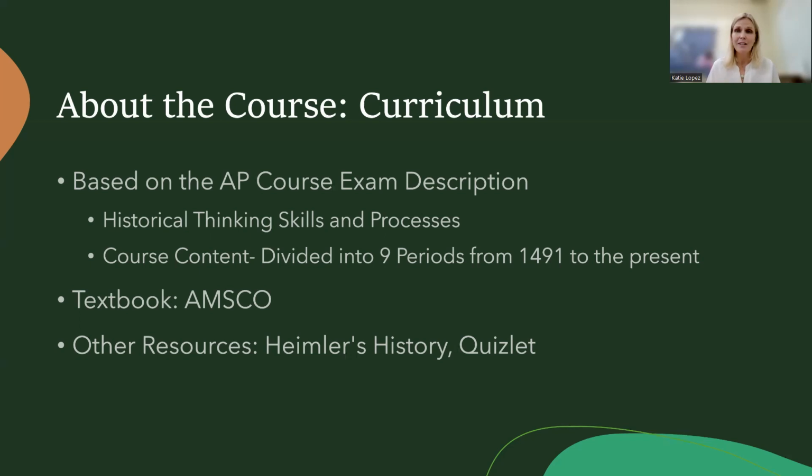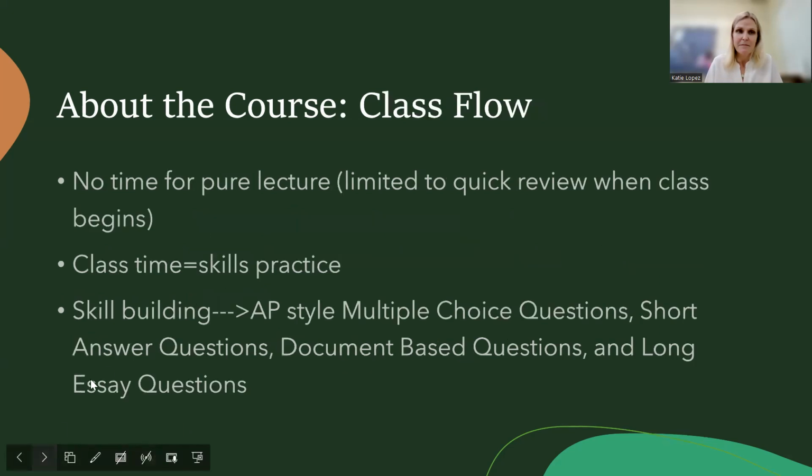It gets the content across in a concise manner, and it is perfectly aligned to the current course exam description. So it's absolutely aligned to the AP exam. Other resources that your sons might use for studying for this class and for the exam would be Heimler's History or Quizlet. Those are just some other sources that I recommend.